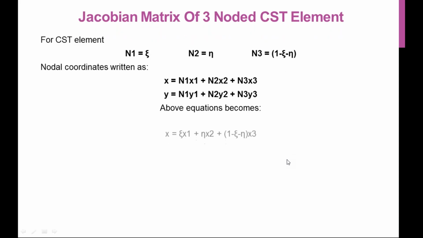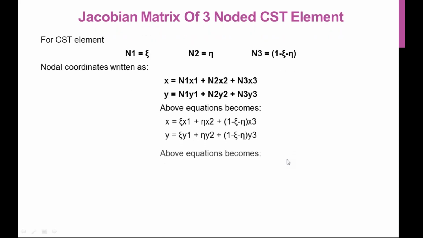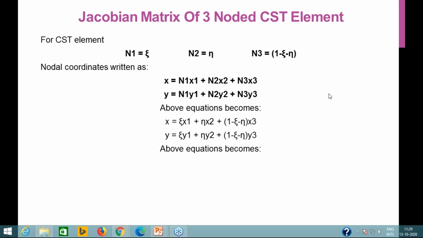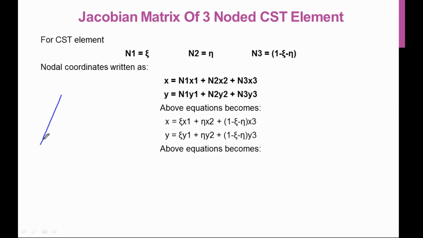Now we will derive this Jacobian matrix for the three-noded CST element. According to the isoparametric formulation, if you know N1 to N3, suppose this is the triangle, and this interior point P has x and y coordinates, and you know the values of x1, y1, x2, y2, and x3, y3.